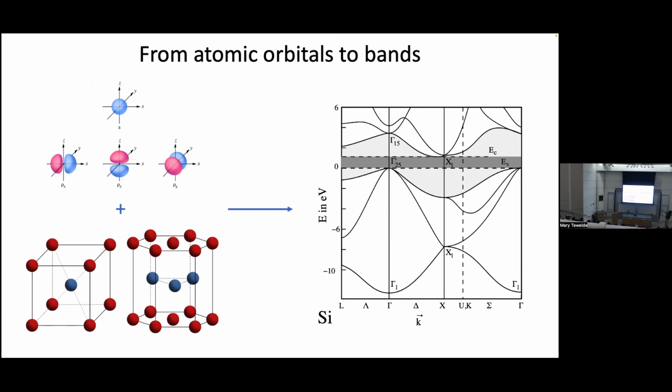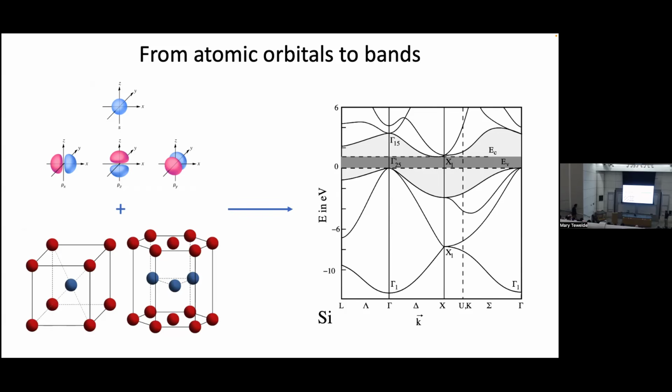If, on the other hand, you completely fill up a set of bands, like in silicon here, and you lie within this gap between different electronic bands, then you have an insulator or a semiconductor. And so, again, this is enough to explain a lot of the physics in various material systems: copper's a metal, silicon's an insulator.